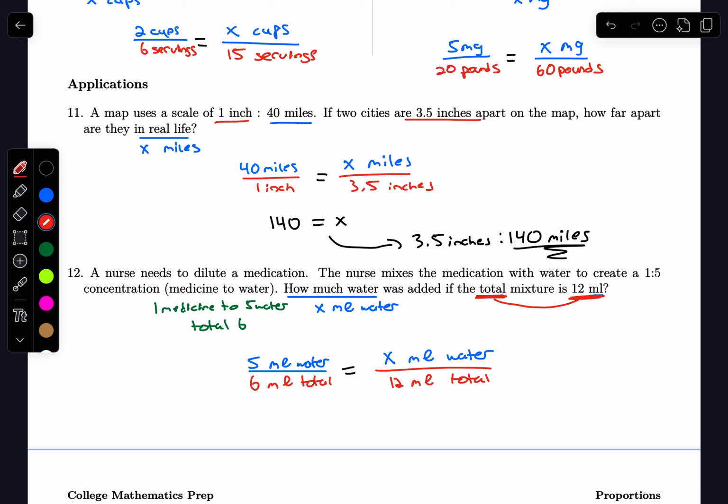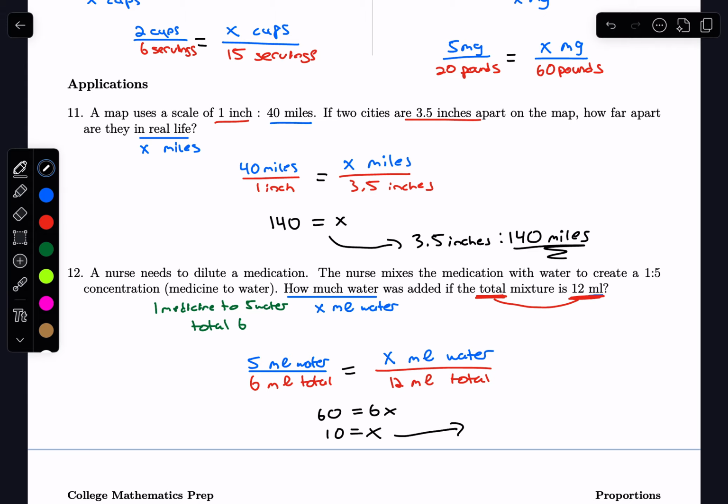Now it becomes nice and easy to solve by cross multiplying. 5 times 12 gives me 60, and 6 times x just gives me 6x. If I divide both sides by 6, I get that 10 is equal to x. And all I have to do then is look up at what does x represent? It's milliliters of water.